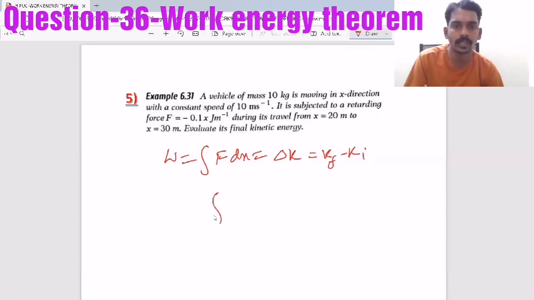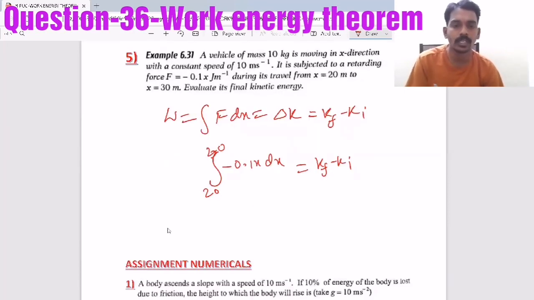Now what is the work done first? Integration of minus 0.1 x dx from x1 equals 20 to x2 equals 30. That is equal to K final minus K initial. Now K final equals K initial minus 0.1 times the integration of x dx, which is x square by 2 from 20 to 30.